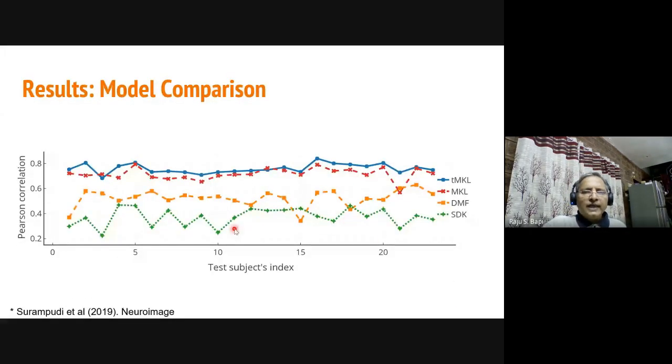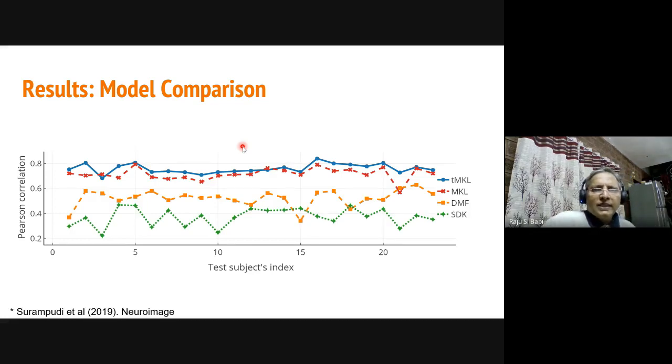And when we again compare different models, single diffusion, dynamic mean field, multiple kernel, TMKL does better than all of these. And so there is some benefit in characterizing the temporal structure within the resting state functional MRI time series.